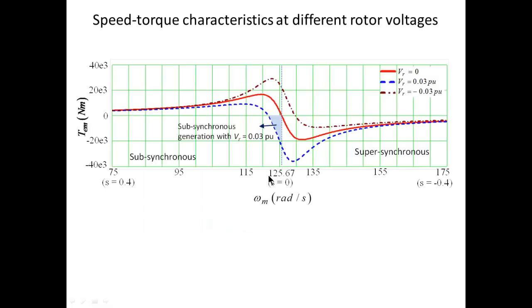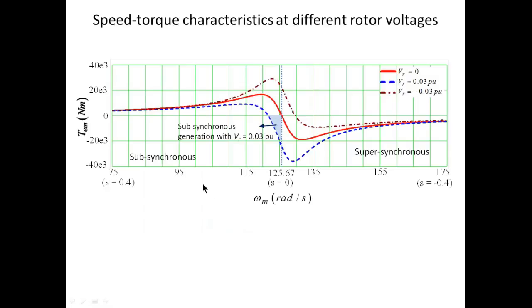So the x-axis is the rotor speed omega m in radians per second, and S equals 0 corresponds to synchronous speed of operation, and that is equal to 60 hertz. 2 pi by 60 is 377 divided by the number of pole pairs, which is 6 poles, 3 pole pairs. So 377 over 3 is this number, 125.67. That is the synchronous speed.